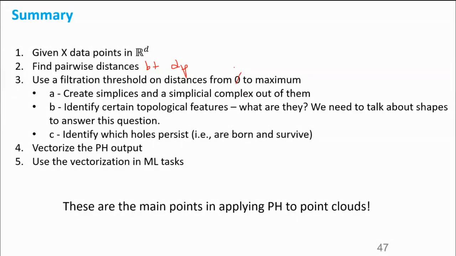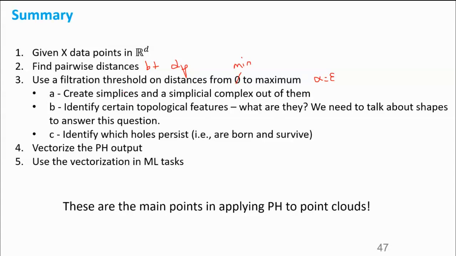This 0 is written here as a minimum, but the minimum could be anything in reality. It can be any scalar value, for example, -10 or 15 or something like this. And then by using this filtration threshold that we use as alpha, also in the literature, people use epsilon for this, so they are the same thing.